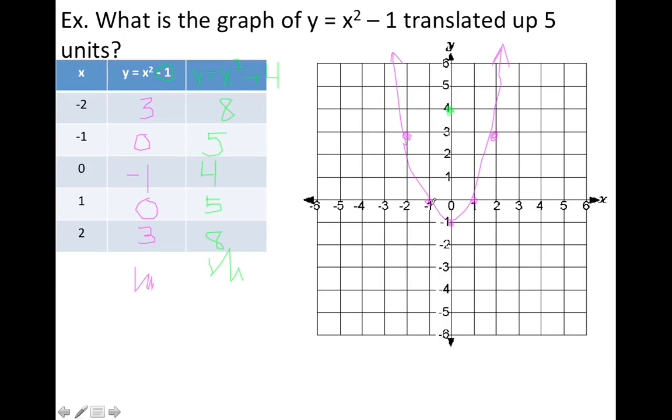If we go to -1, we count up 5. 1, 2, 3, 4, 5. Oh, look at that. That's the right point. Do the same thing with 1. 1, 2, 3, 4, 5. Same thing. Our graph will look something like this. So our translation, obviously, as I told us, we went up 5.